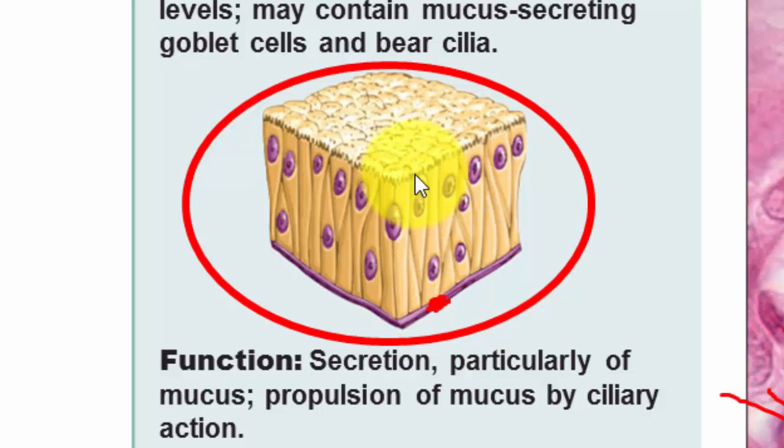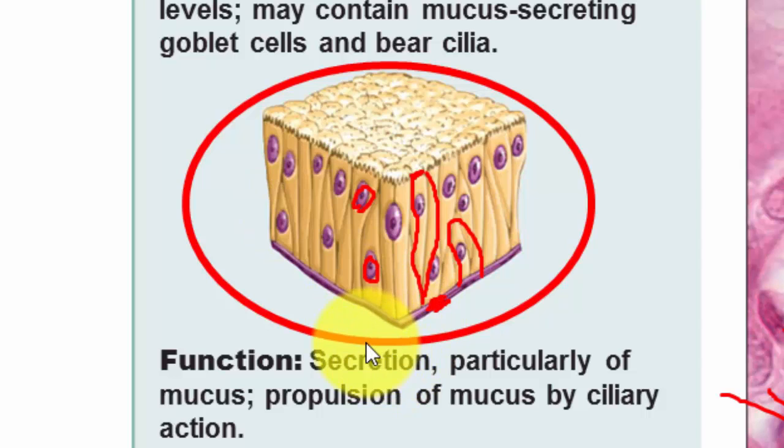Some of them reach the top, like this one, and some are very short and do not reach the top. So where do we have the nucleus? We have the nucleus in the widest part of the cell. So this is the nucleus of that cell because this is the widest part.